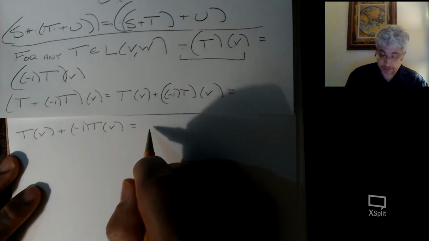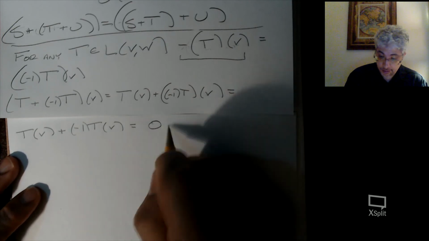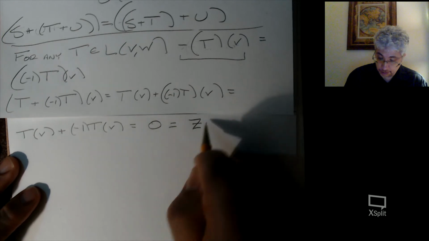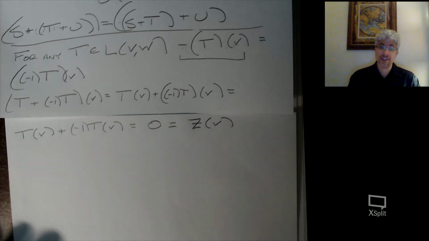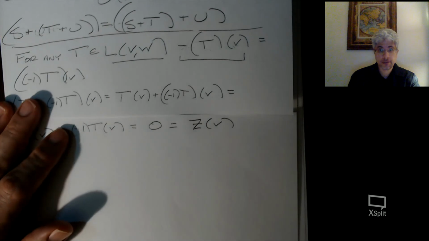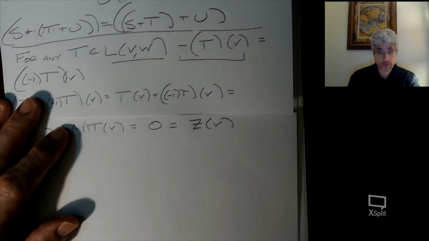Well, this is just T of V minus T of V, which is 0, which is equal to Z of V, regardless of what V is, because Z of V sends everything to 0. So what did we just show? Well, we showed that this map under addition is an abelian group. It satisfies the 4 axioms.